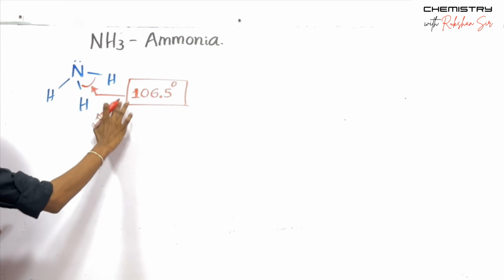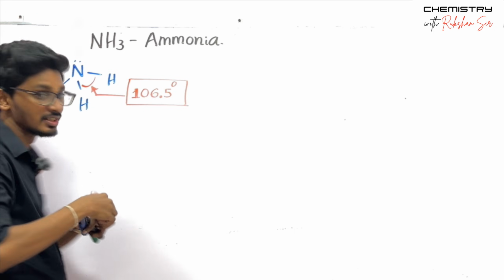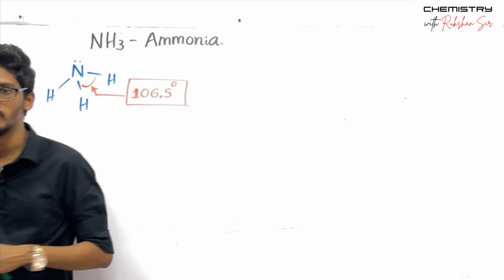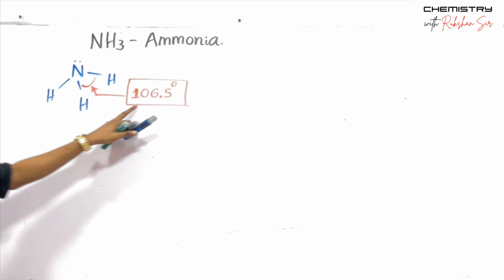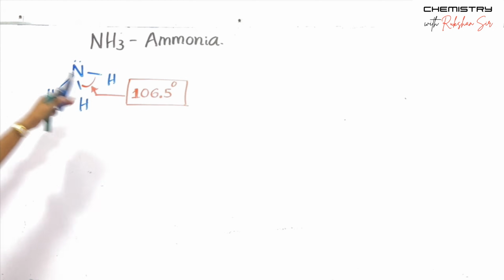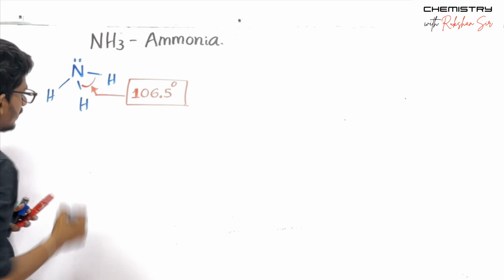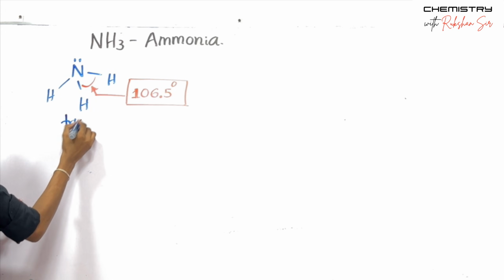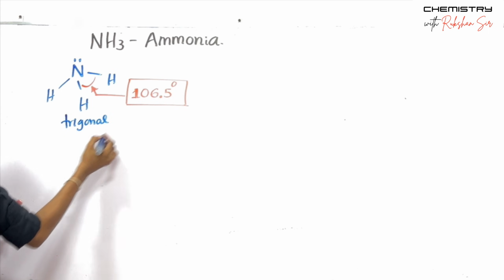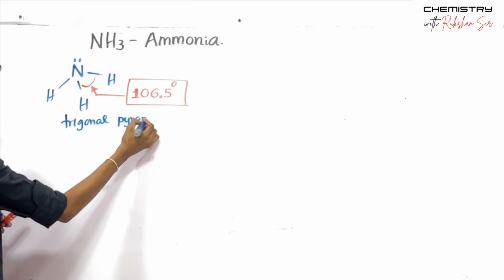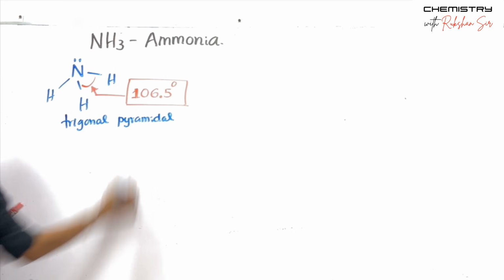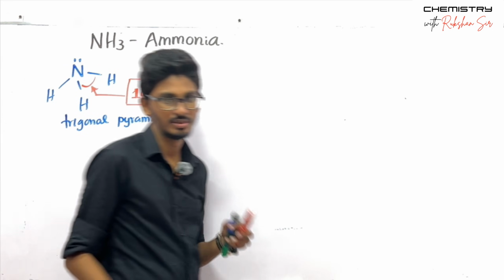For others, you can use the general method to come up with the bond angles. So the molecule has a trigonal pyramidal or pyramidal structure, right? The shape is that.